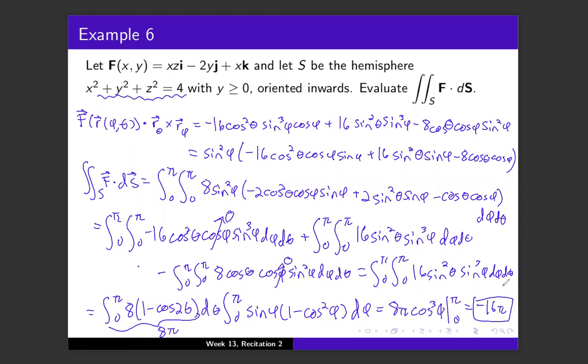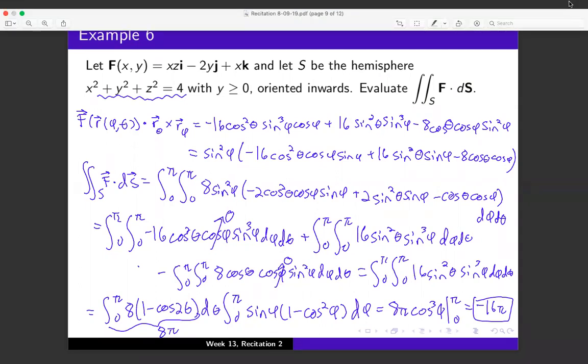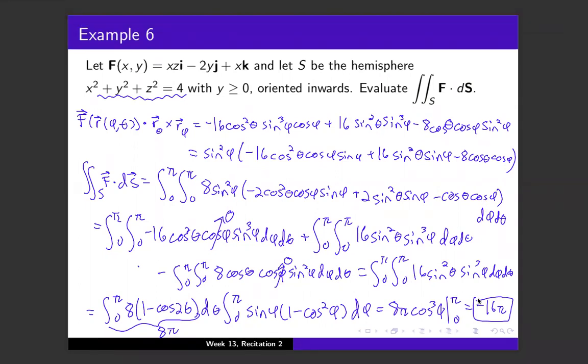I believe that's the end of that calculation. So it's a little lengthy, but again, not terrible if you just keep careful and conscientious about what the integrals are. And once you get used to this a little bit, you can see that a lot of these trig integrals are going to vanish once you actually go off and calculate them.